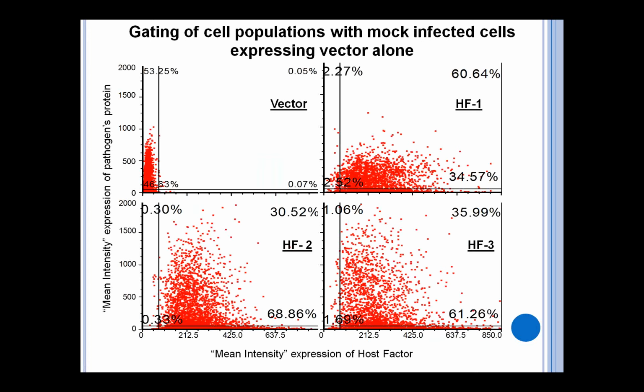In the previous slides, we have seen that the cells which are expressing HF1 or vector alone, the mean intensity is lower compared to the cells which are expressing HF2 or 3. So this shows that there are multiple populations of cells in the cells expressing the various protein factors.